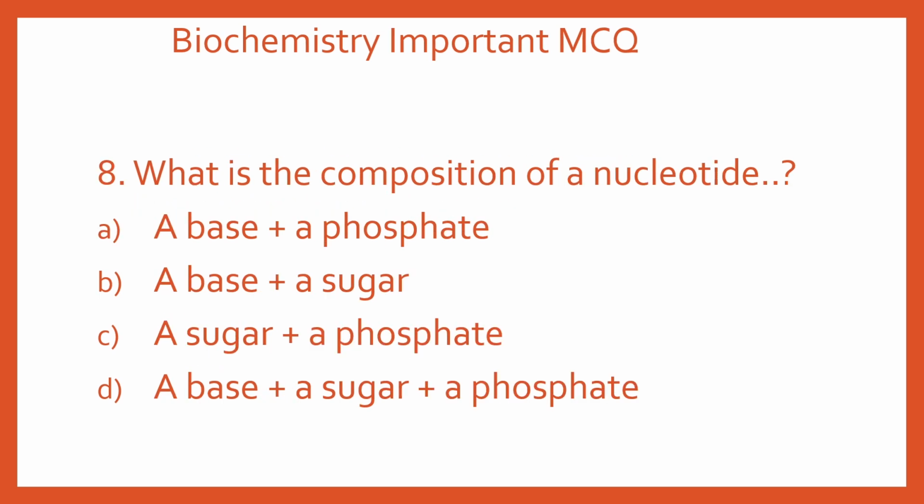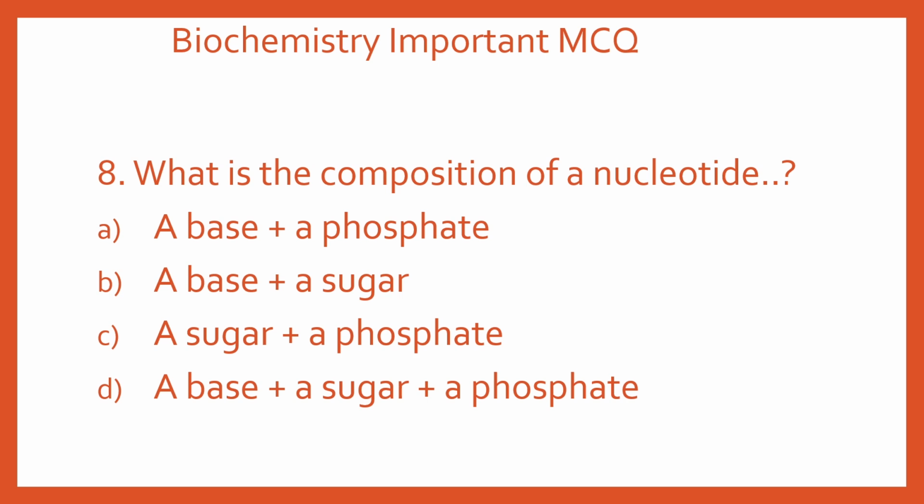Now, what is the composition of a nucleotide? They give us options: a base plus a phosphate, a base plus a sugar, a sugar plus a phosphate, or a base plus a sugar plus a phosphate. For a nucleotide to be formed, we must have the combination of 3 things: a base, a sugar, and a phosphate acid moiety. Are we together? A nucleoside is only when a base plus a sugar come together. They form a nucleoside.